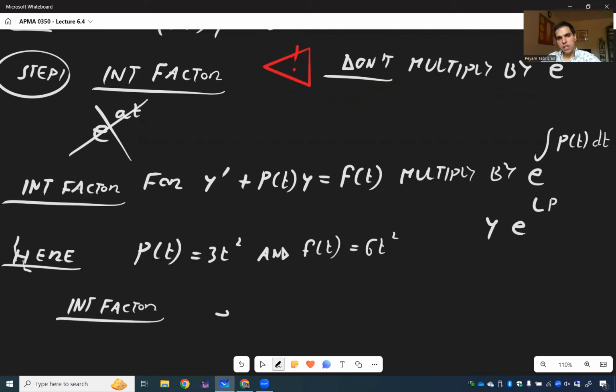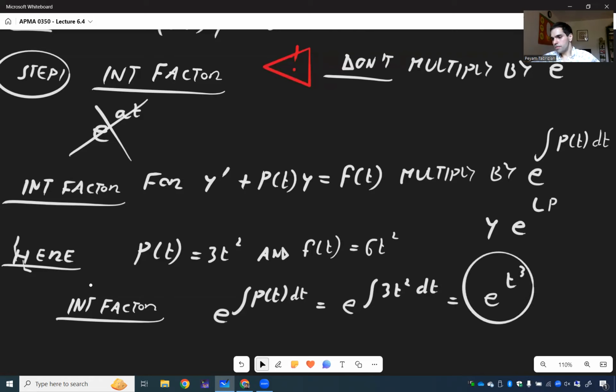Well, it's simply e to the integral of p of t dt, which is e to the integral of 3t squared dt, which just becomes e to the t cubed. And you might be like, Peyam, where's the constant? The good news is we don't need the constant here because we just need one integrating factor. We just need one function that helps us solve the problem.